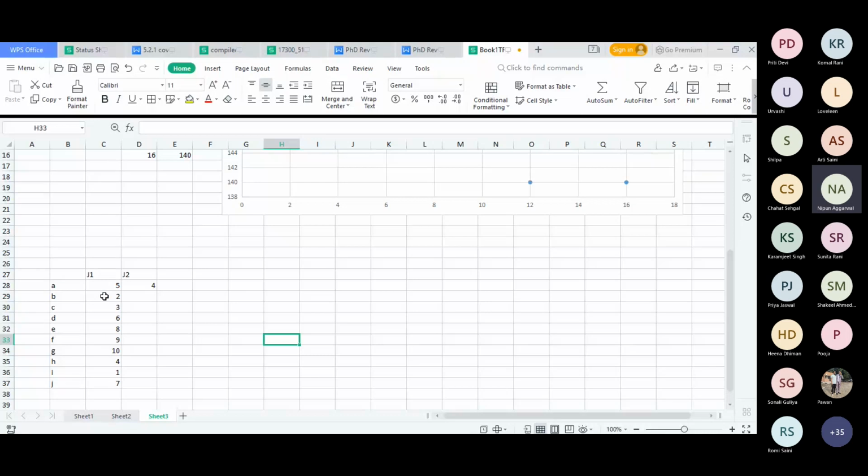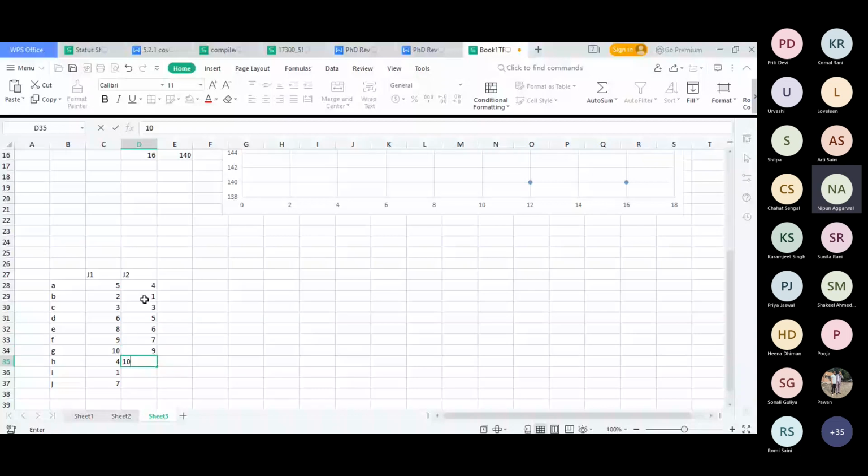Then judge 2 has given an independent judgment to these 10 contestants. Suppose judge 1 has given contestant A the 5th rank, and J2 has given the 4th rank to the same person. In the same way, 1, maybe 3, 4 I've already done, 5, maybe again 6, 7, 9, 10, then maybe 2, and what is left: 1, 2, 3, 4, 5, 6, 7, 8.